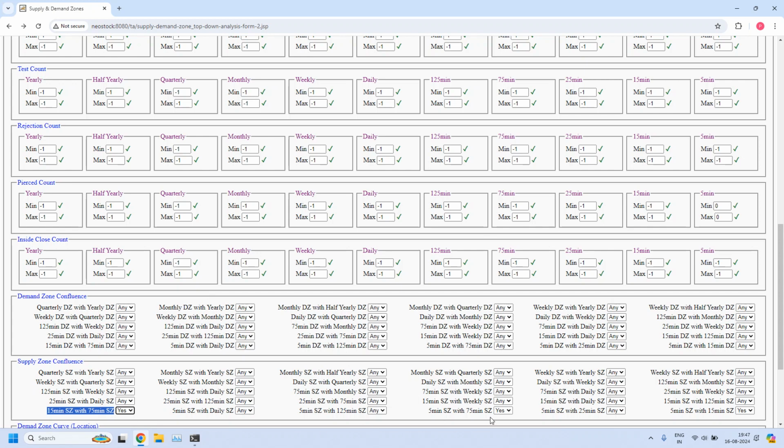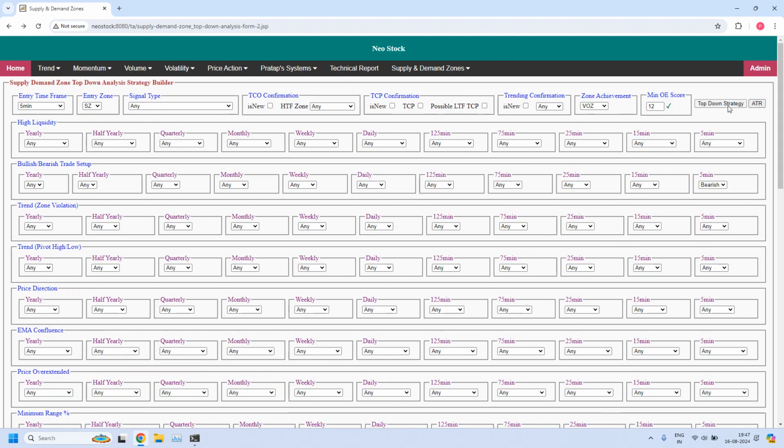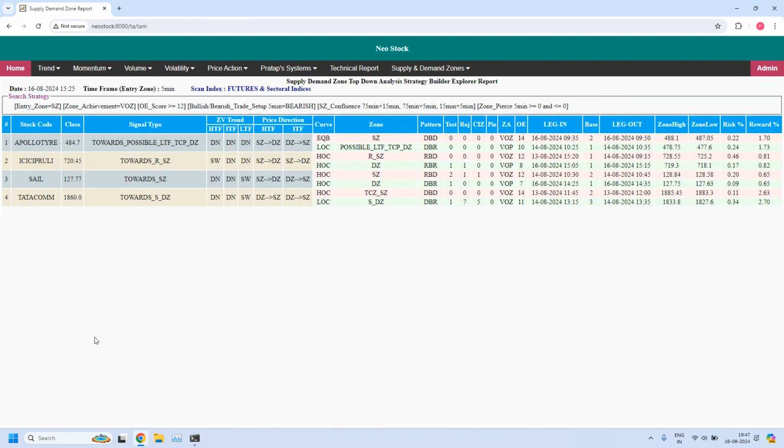Now all the 3 are selected. Let's filter the stocks. Oh, out of 5, 4 stocks are supporting even confluence with 75 minutes time frame. That means all these 5-minute zones are having confluence with 15 minutes and 75 minutes. These are on the supply zone confluence.